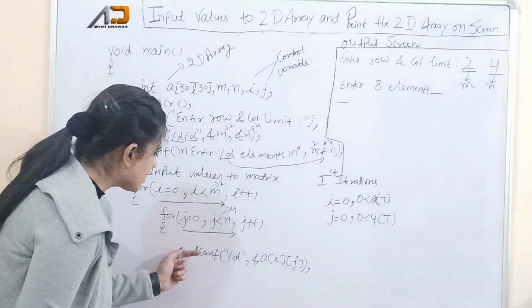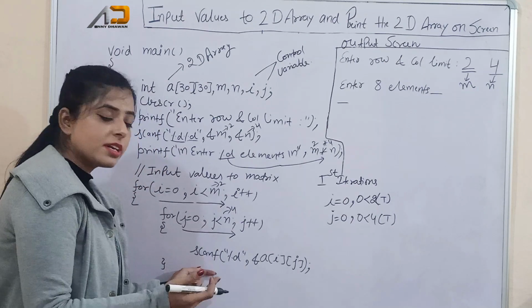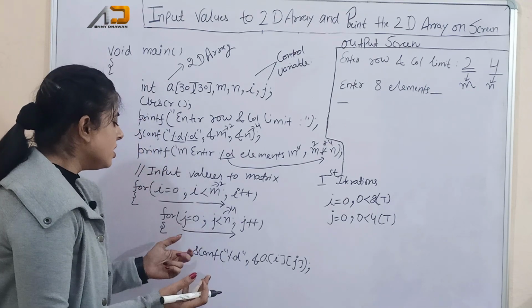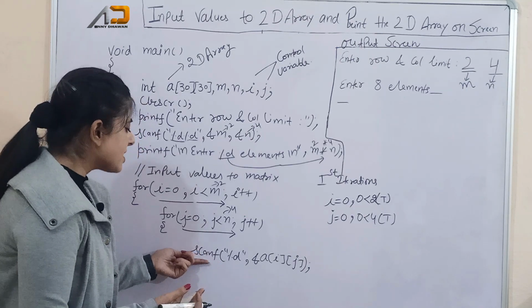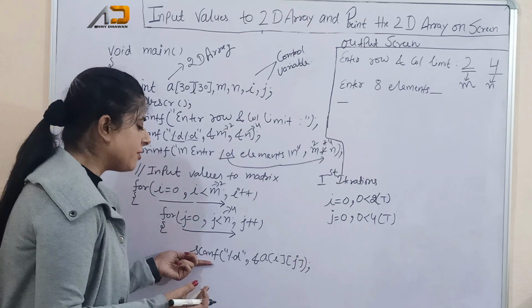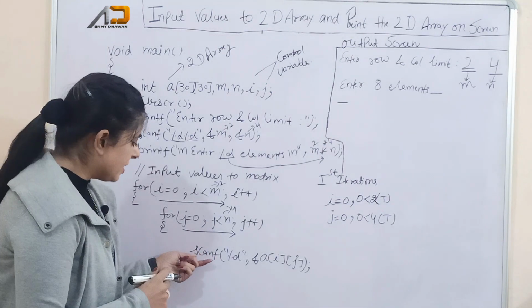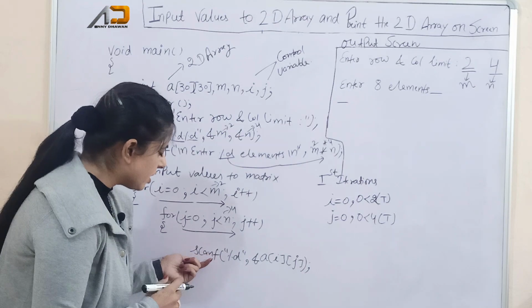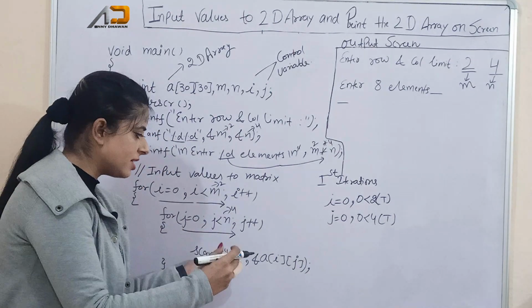What is the next statement here in the loop body? That is a scanf function, an input function. And what is the function of this scanf function? This scanf function just waits for the user to enter a value from the keyboard. In this case, scanf is waiting for the user to enter an integer number on the screen.